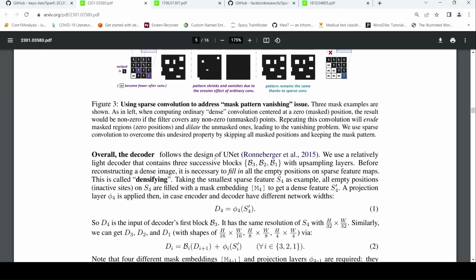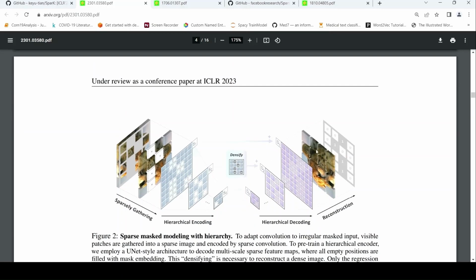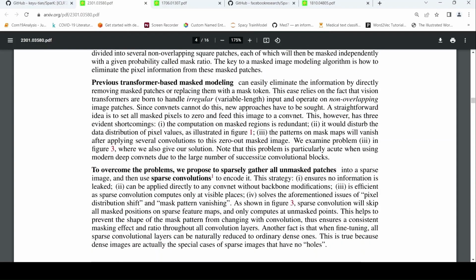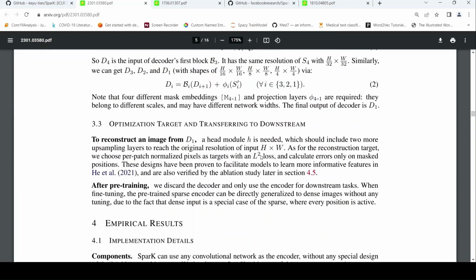For the decoder part, they use UNet. So that is this particular part where you have the decoder.